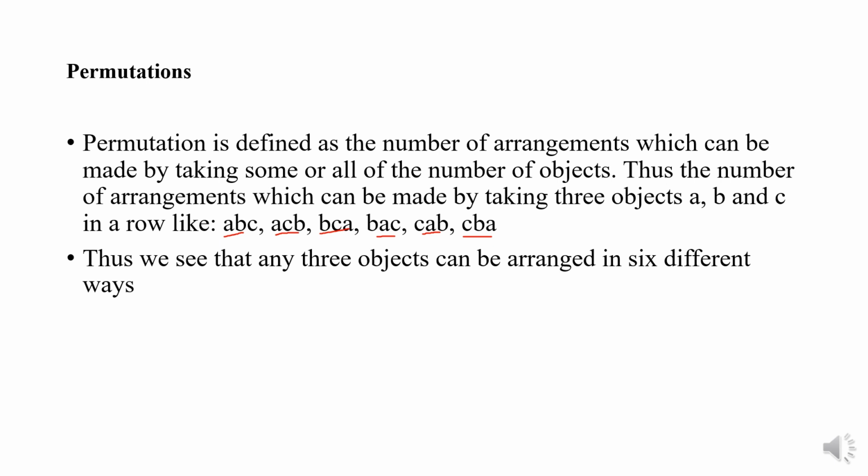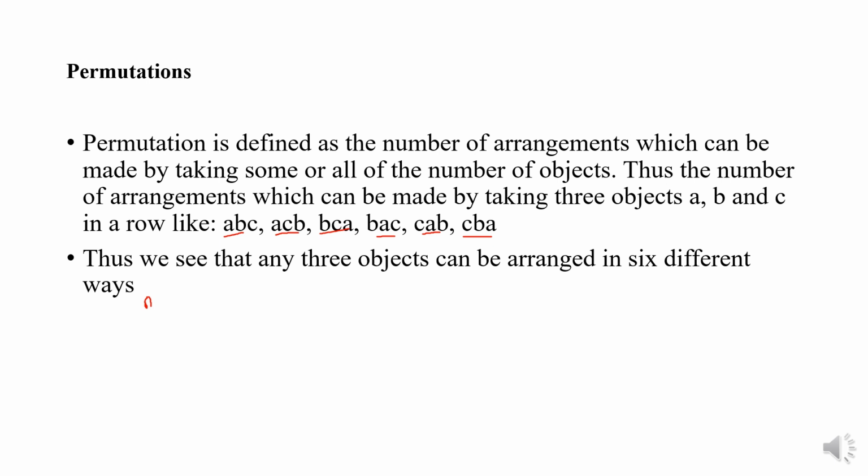Next is permutation of different objects. The number of permutations of n different objects taken all at a time is denoted by nPn.